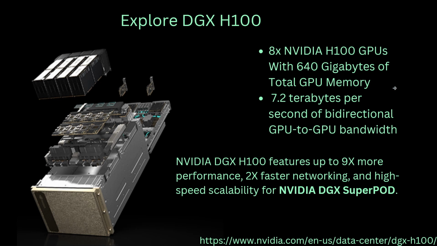You know, when we do all this data parallelism. And NVIDIA specifies that this SuperPod features up to 9 times more performance, 2 times faster networking, and high-speed scalability. Interesting. This is the current state-of-the-art GPU architecture.